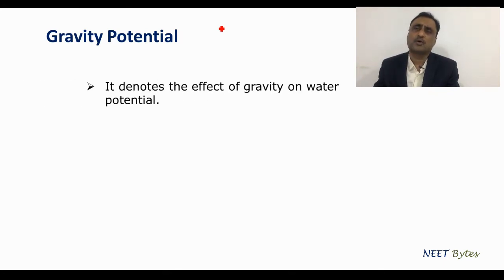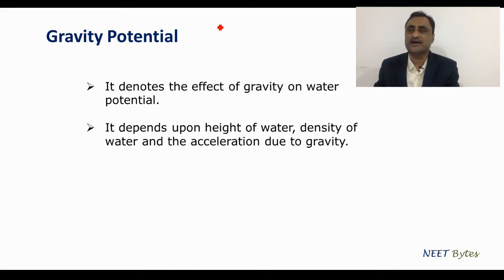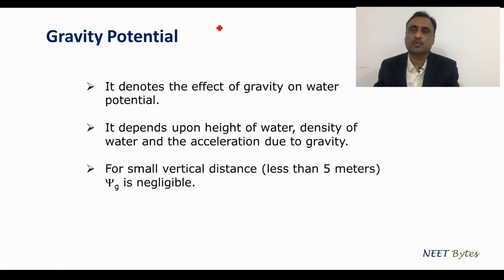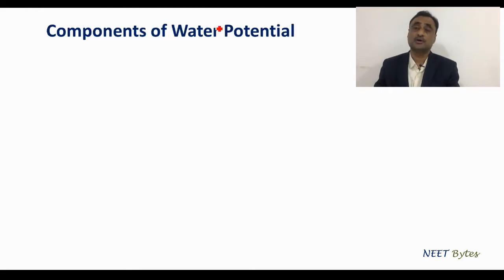So for all practical purposes we don't consider the matrix potential or the gravity potential. At this particular level we will concentrate on only two, the solute potential and the pressure potential. Now let's talk about the components. Mathematically, we can show it like this.